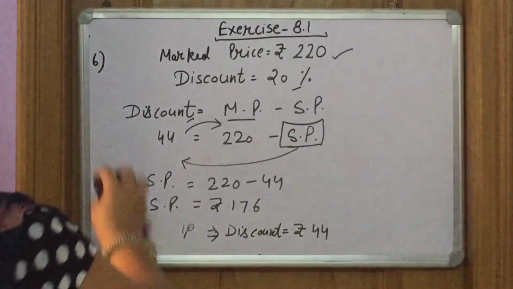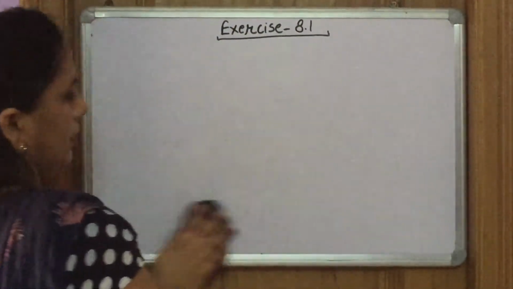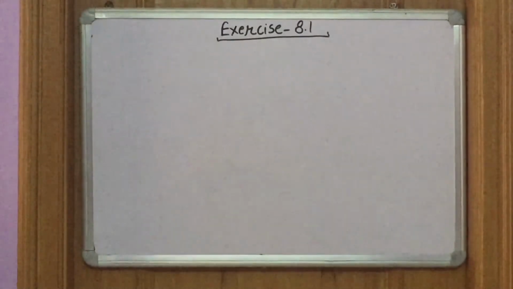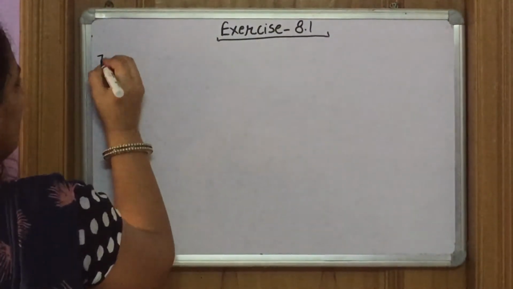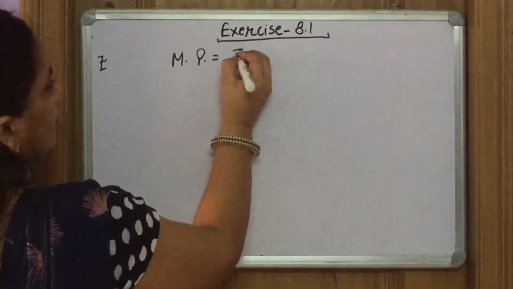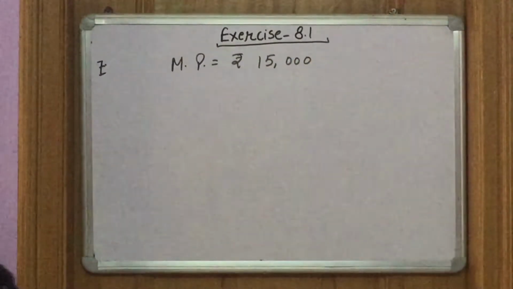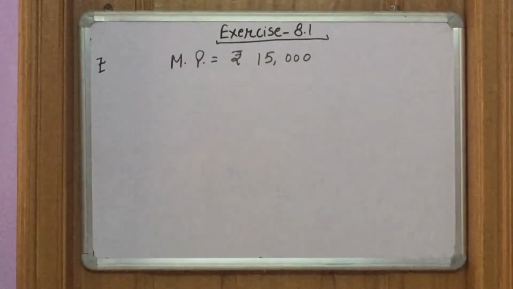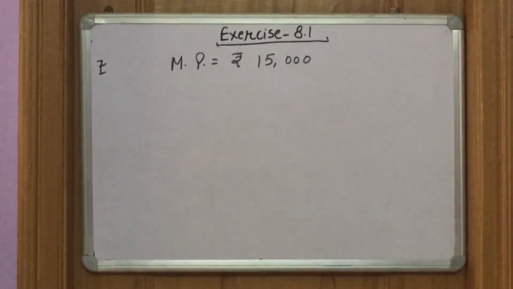Next question is question number 7. The statement is a table's mark price is given. In the statement marked price is given 15,000. Also in addition we are given selling price.